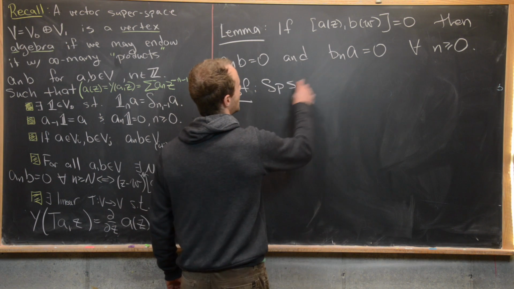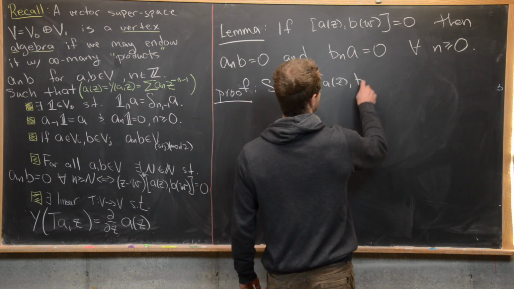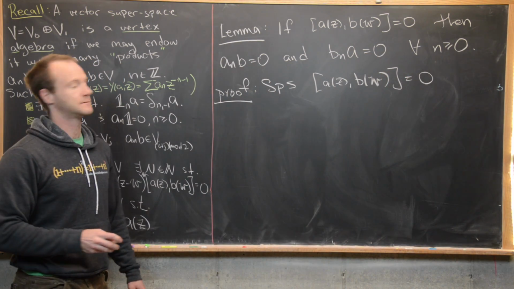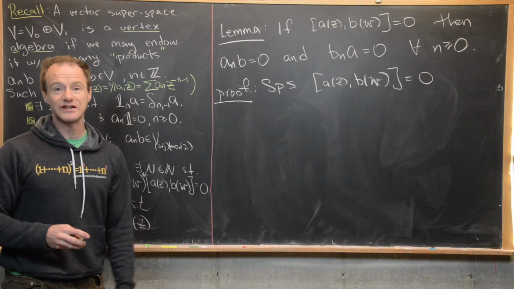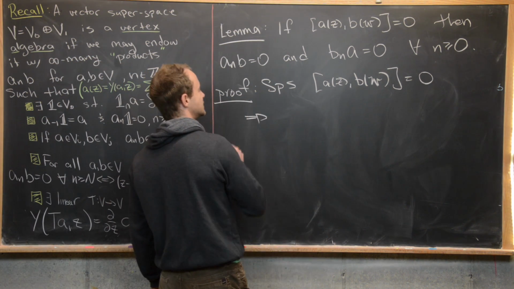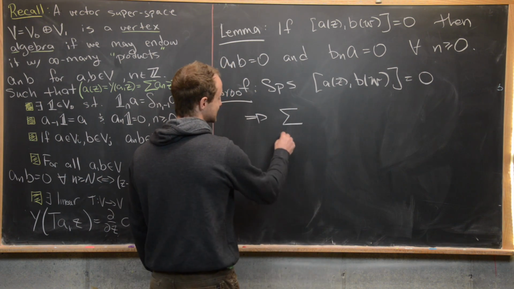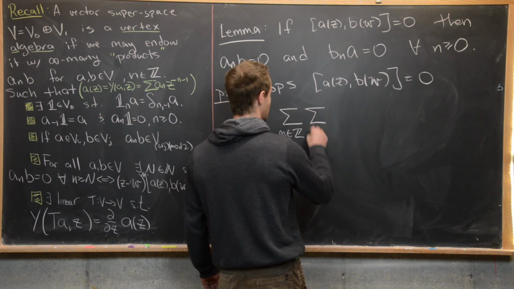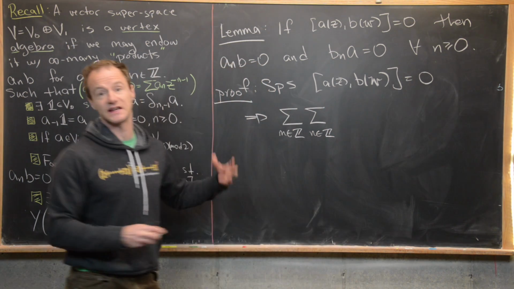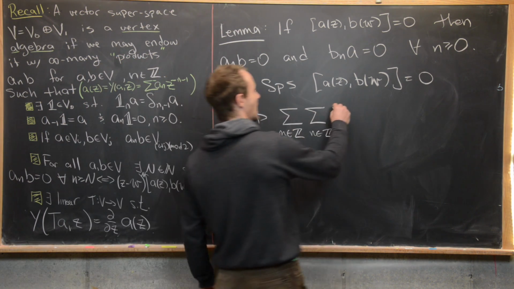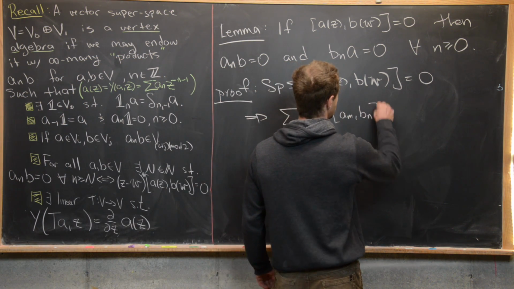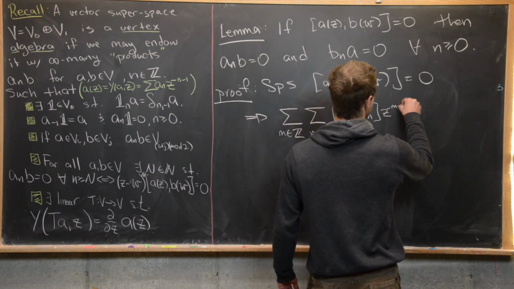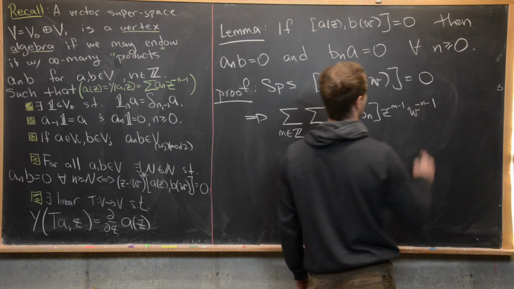So we're going to suppose that these two vertex operators commute. In other words, A(z) with B(w) commutes. But now I want to expand each of those as series. That is exactly the same thing as the sum over all integers m and the sum over all integers n. So we've got this doubly infinite double sum of A_m B_n multiplied by z to the minus m minus 1, w to the minus n minus 1.